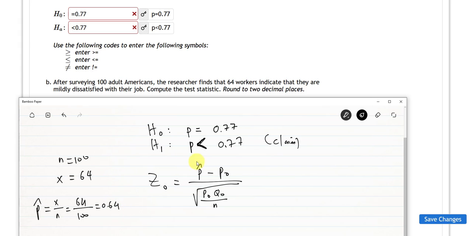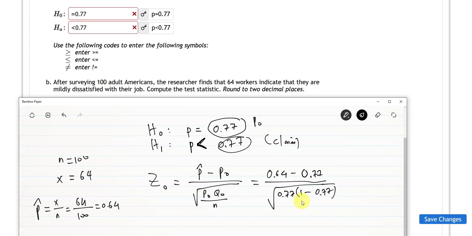And then p naught is the original proportion, which is this value right here. So I can plug in 0.64 minus p naught, which is 0.77, and then divide by the square root of p naught, 0.77, times q naught, the complement of p naught, or 1 minus 0.77, all over n, which is the sample size.